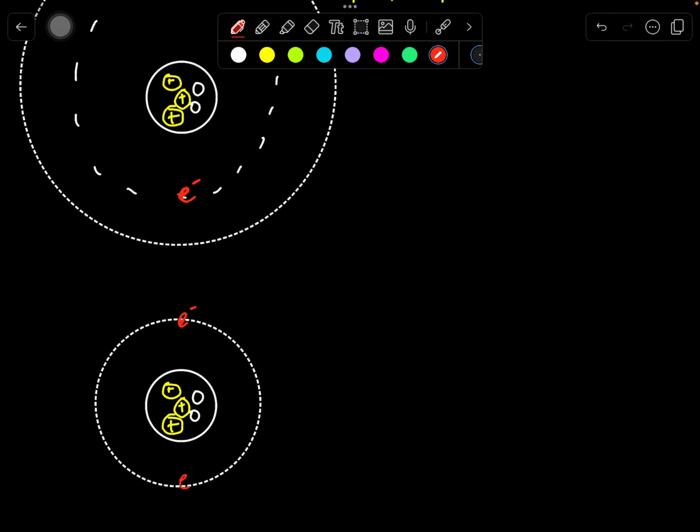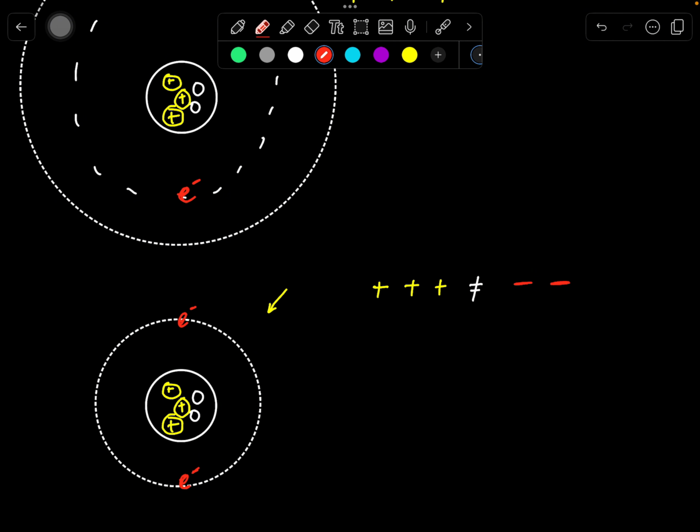Two electrons in the first shell, and the second shell is no more there. Now, you would see that in this situation, we have 3 positive charges and 2 negative charges, and they're not equal.